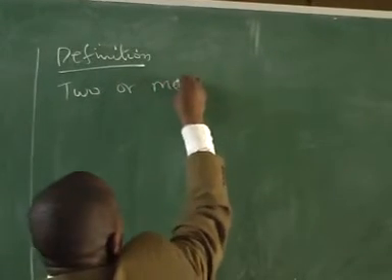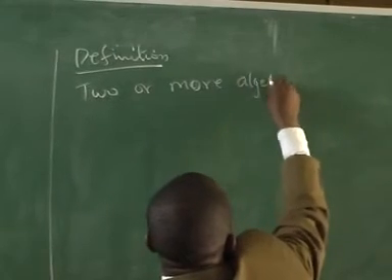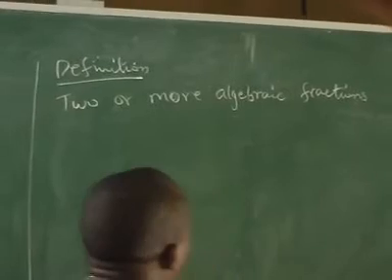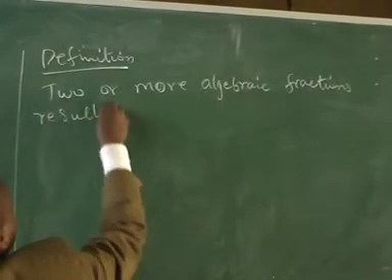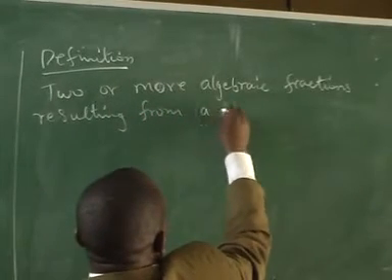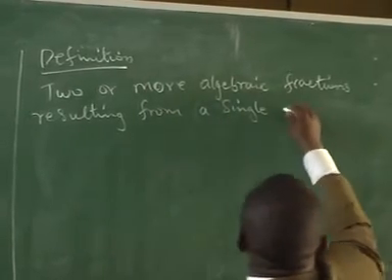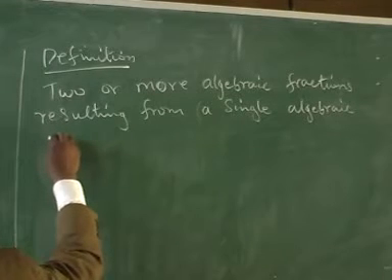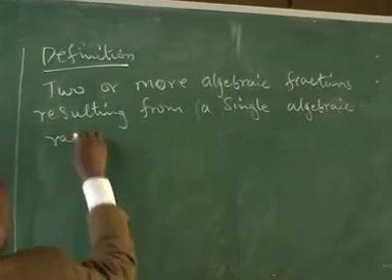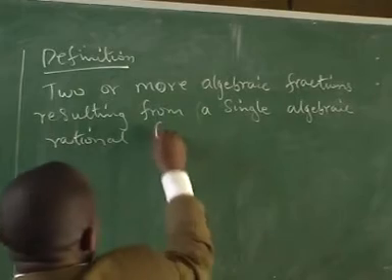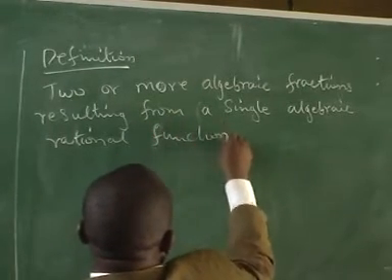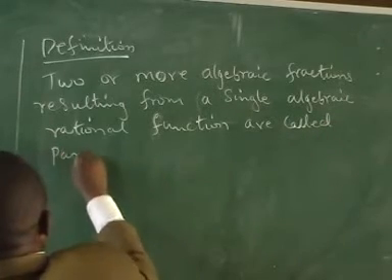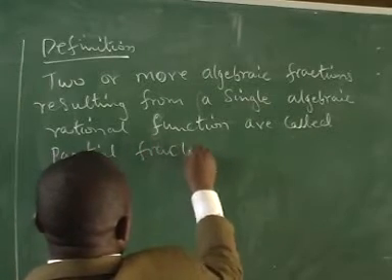Two or more algebraic fractions resulting from a single algebraic rational function are called partial fractions.